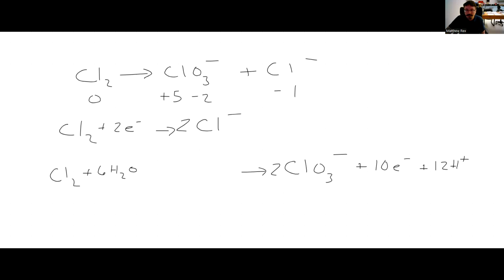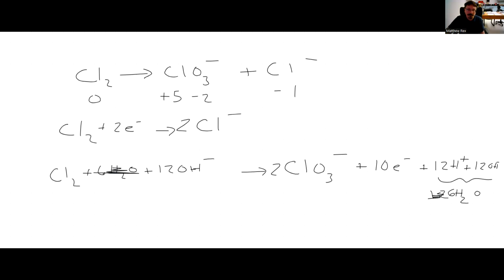And since it's in basic solution, I'm going to add the same number of OH minuses to neutralize all those H pluses. This is essentially 12 waters. So what I can do is get rid of 6 and 6, let's simplify it, and that should be balanced. Now we have to add them.